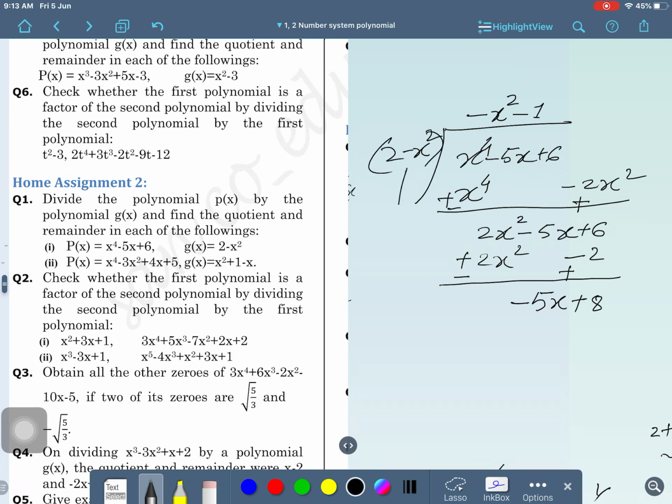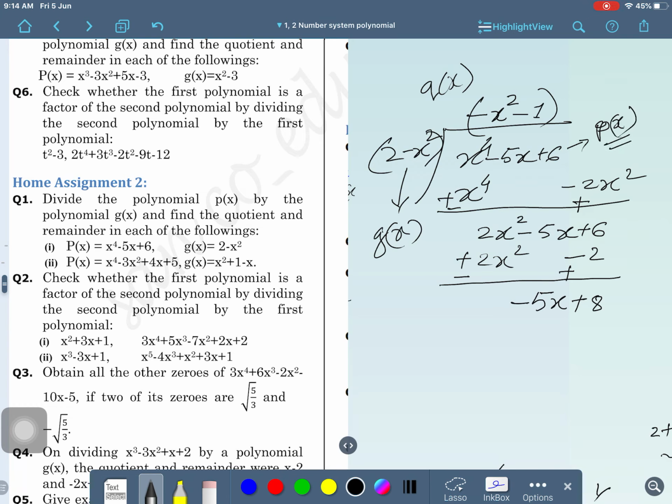This is your g of x, and this is Q of x, its quotient. And this is called p of x, the dividend. This is clear right now.